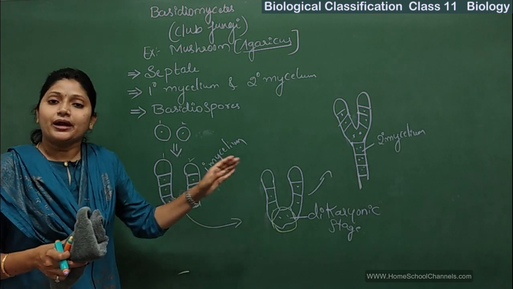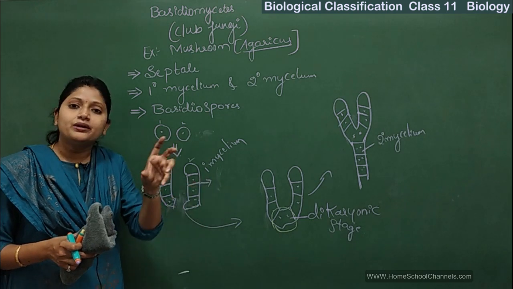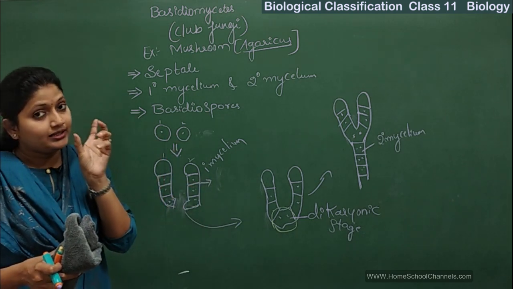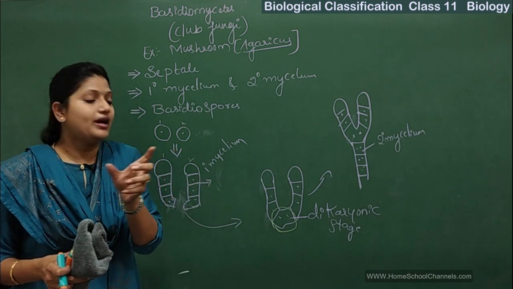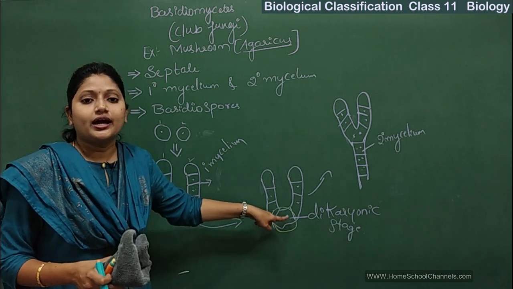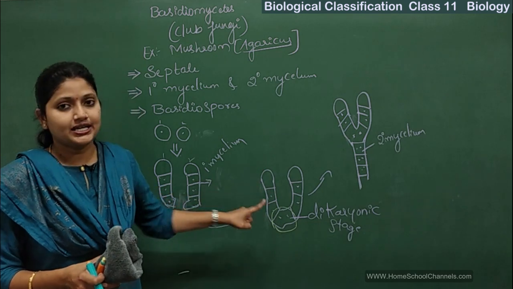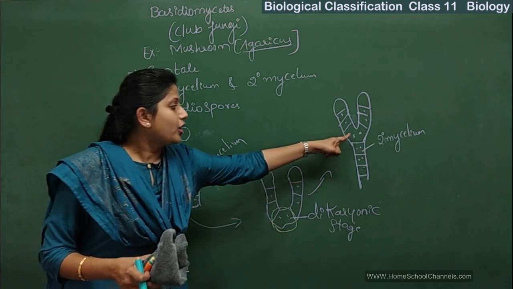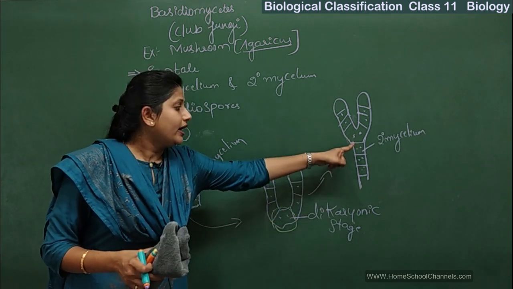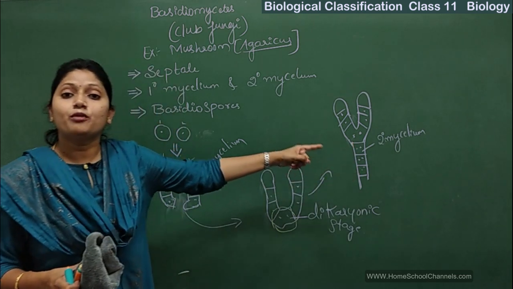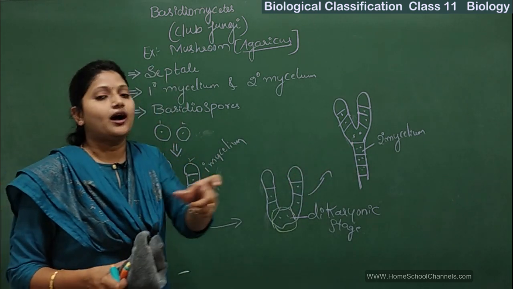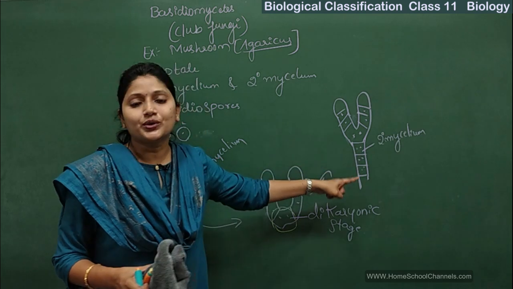Later on, the primary mycelia fuse at one particular point, and that segment of the fusion will have two nuclei, and this two-nuclei stage is called the dikaryotic stage. Later this dikaryotic stage will start growing, and each segment made by the septa will have two nuclei only.